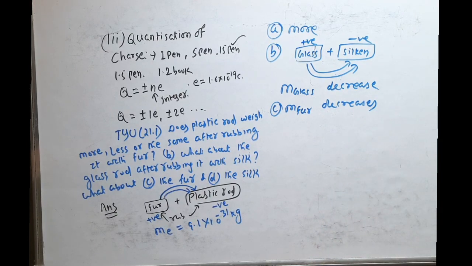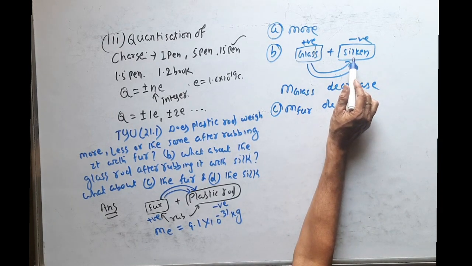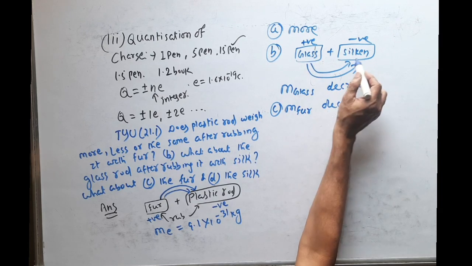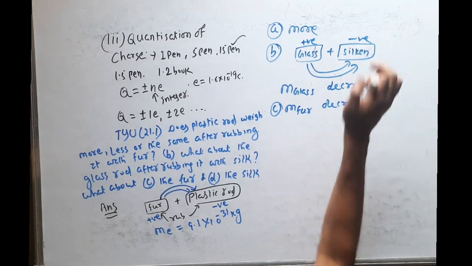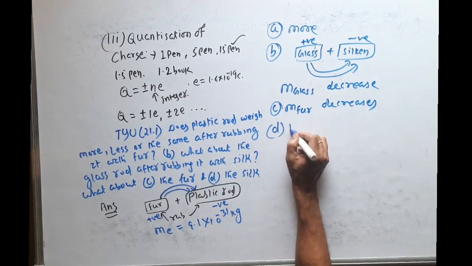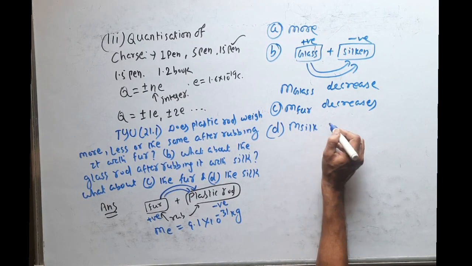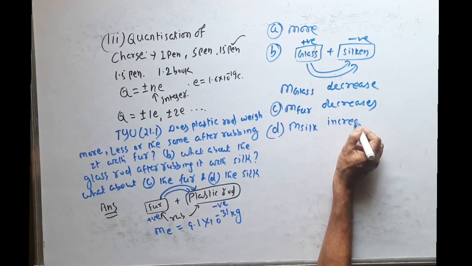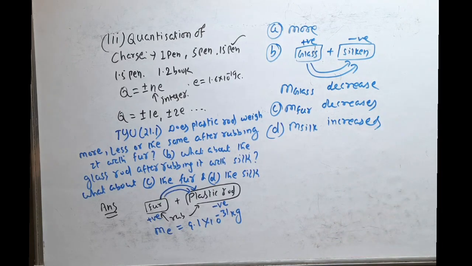And what about the silk? When we rub glass with silk, some electrons are added to the silk. So the mass of the silk will now increase. Okay. So this is about the characteristics of charge.